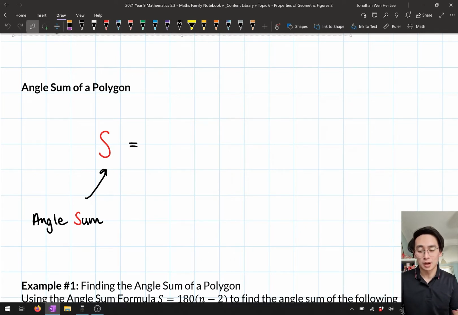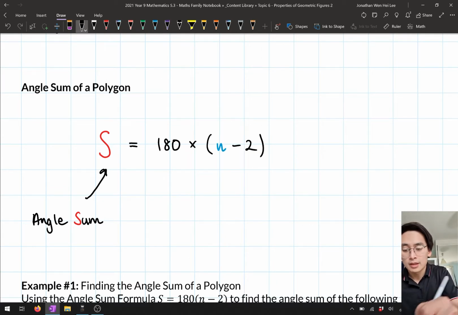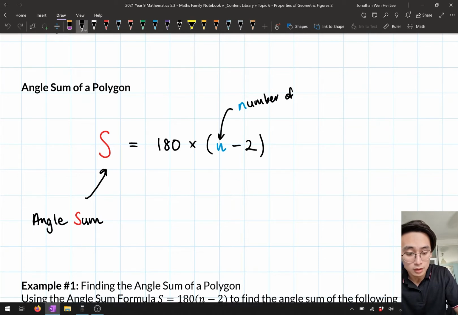The angle sum of any polygon is just 180 degrees times, I'm going to put this in brackets, n minus 2. Now n here just represents the number of sides for our polygon.